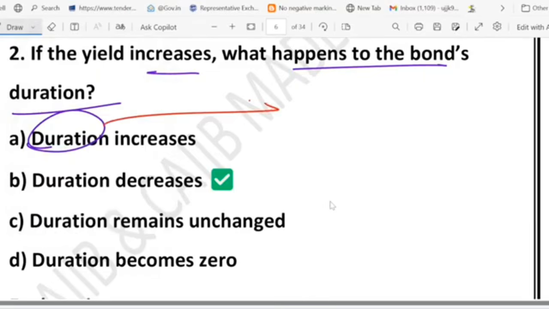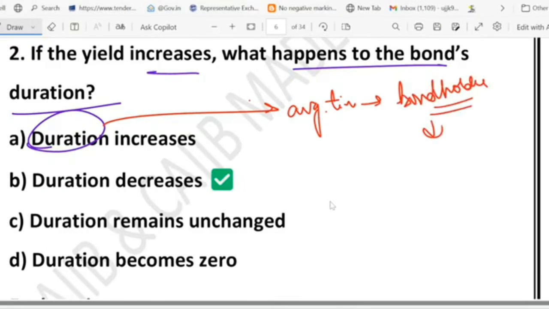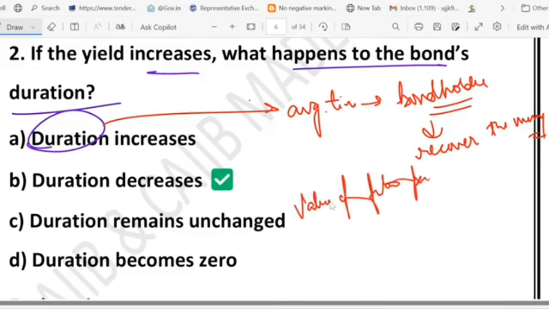I told you that duration is a kind of average time, the average time it takes for a bond holder to recover the money they have invested in the bond. So it is not just about time. It's also about the value of future payment.